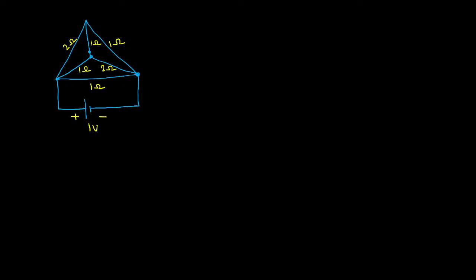Now the question is, the current through the terminals B and D is dash, right? So where is B and where is D? Let me mark it. I think they left those points. Let me represent it: A, B, C, D. Those are the given points, right?